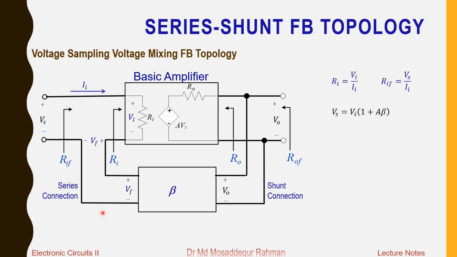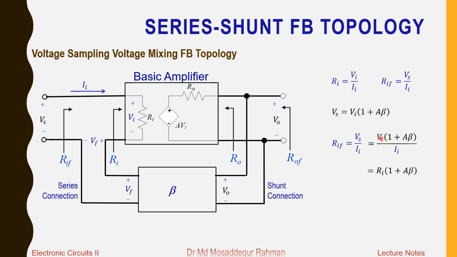Now, from our previous slide, we derived an expression for the signal voltage Vs, which was Vi times 1 plus A beta. So that is how we expressed the signal voltage Vs in terms of Vi in our last slide. So using that expression into the expression for RIF, Vs by II, and Vs is given by this expression.